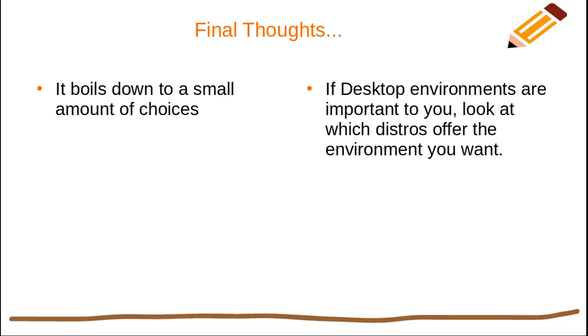There's no point in going for random underground distributions that not a lot of people use and that are derivatives of a derivative. There's just no point. Once you do that, you can make your choice.